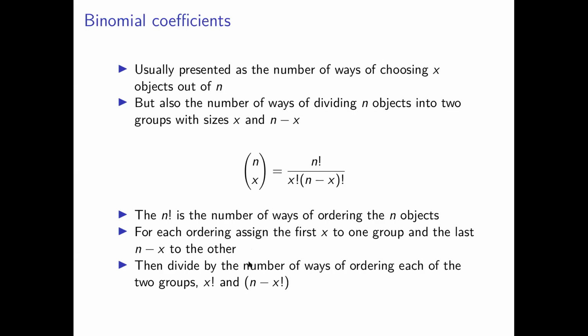So you actually need to divide by the number of ways of ordering each of the two groups, which are just X factorial and N minus X factorial. And so when you divide the N factorial by the X factorial and N minus X factorial, that gives you the number of ways of dividing up N objects into X and N minus X without including all the different orderings.